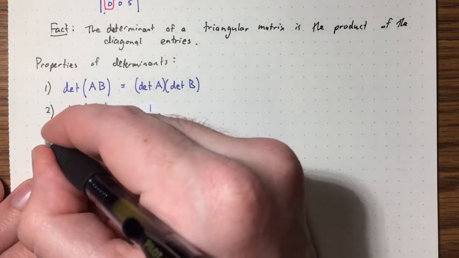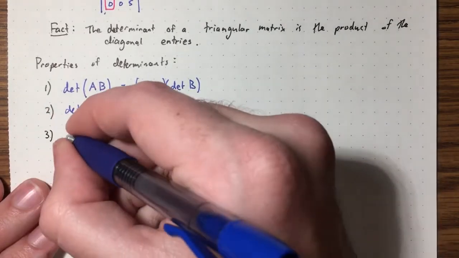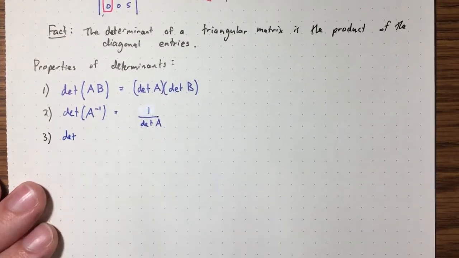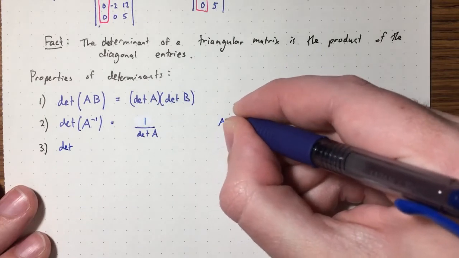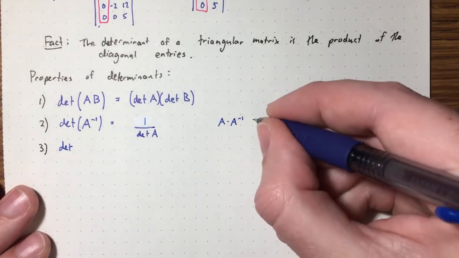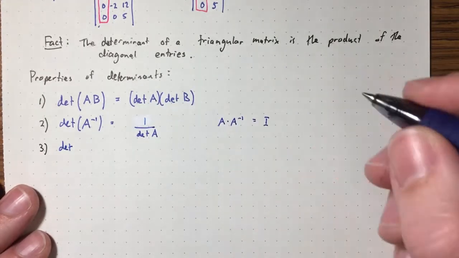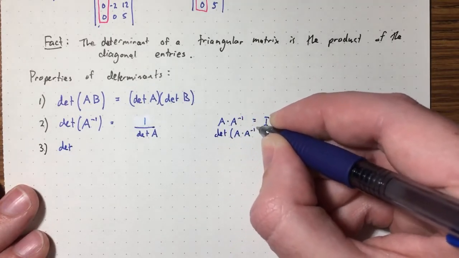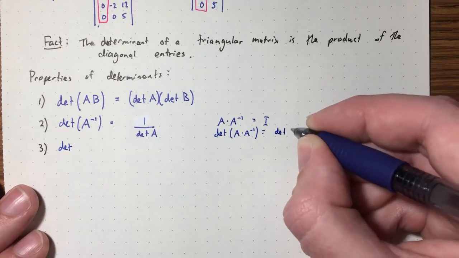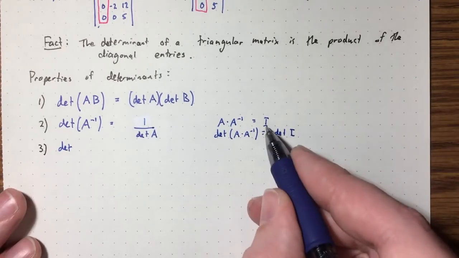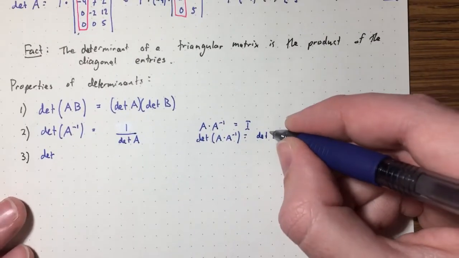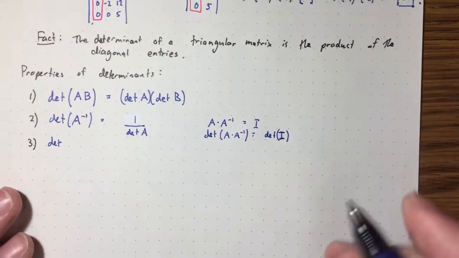Oh, by the way, you can deduce this from the first property. That's because A times A inverse is I, the identity. And if I take the determinant of both sides, well, I is a diagonal matrix, but it's more generally a triangular matrix.